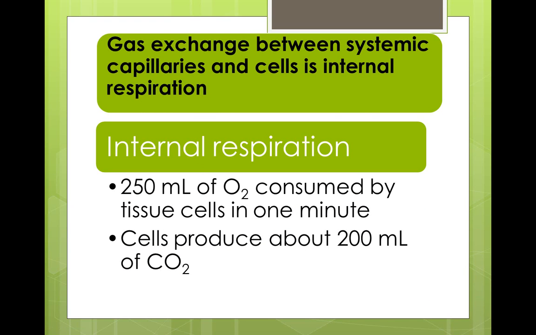Gas exchange between the systemic capillaries and the cells is internal respiration. So when we have internal respiration, that means we're using oxygen and producing CO2. We consume 250 milliliters of oxygen per minute, and we produce about 200 mLs of CO2.